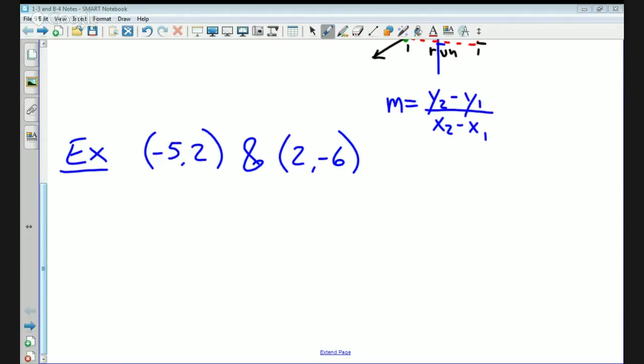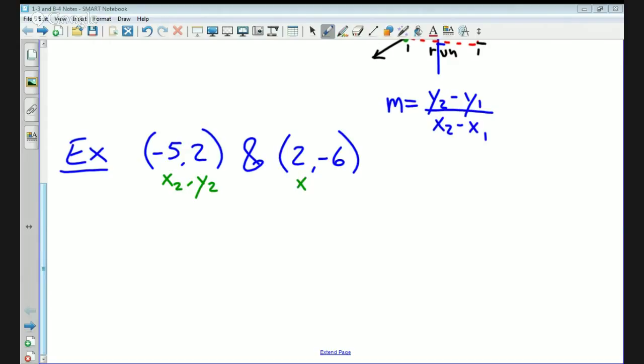And I encourage you to try this yourself after you've watched through this video and see that you will get the same answer, no matter how you switch the subscripts around, as long as you are consistent from point to point. What I mean by that is, if you're going to call this x2, well, the y value in that ordered pair, it better be y2. And you don't want to have x1 and y2 mixed together, or x2 and y1 in the same point. Use the same subscript within the same point.